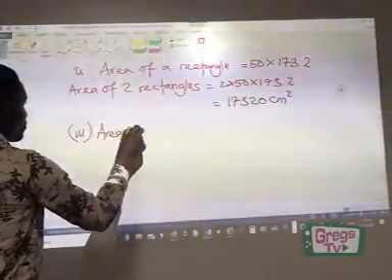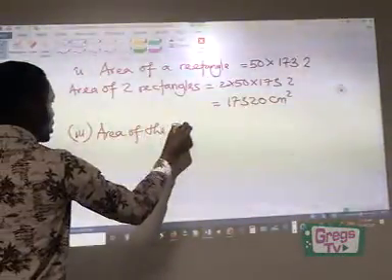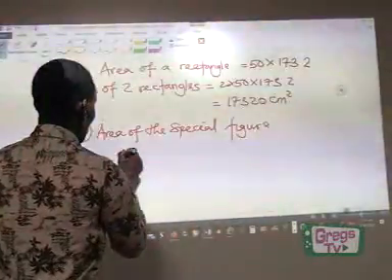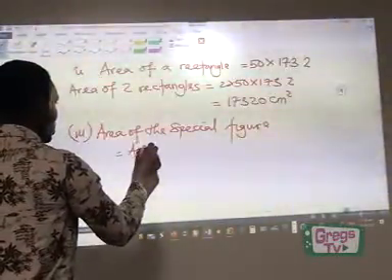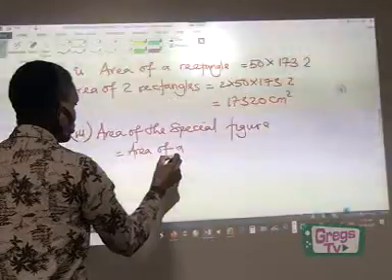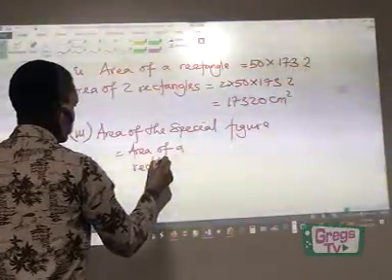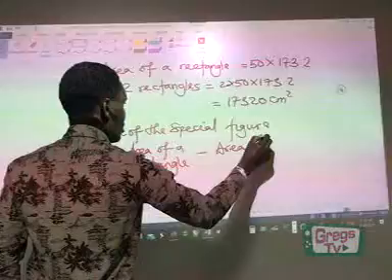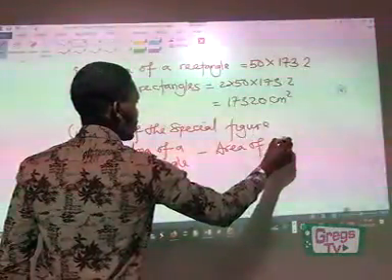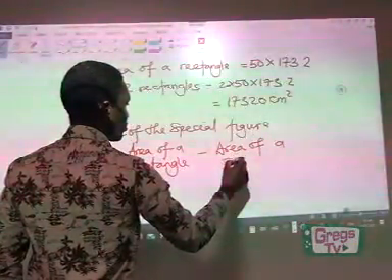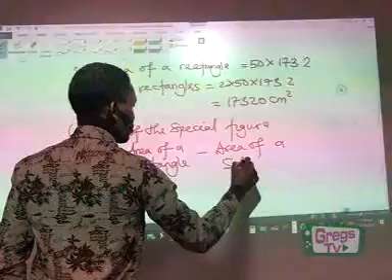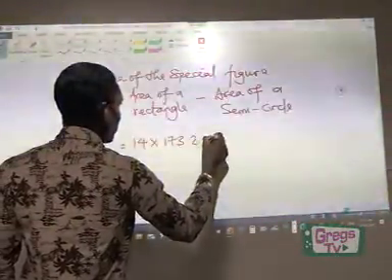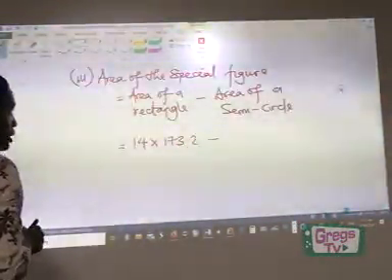Area of the special figure will be equal to what? Area of a rectangle minus the area of a semicircle, with 173.2 being the value of our height.